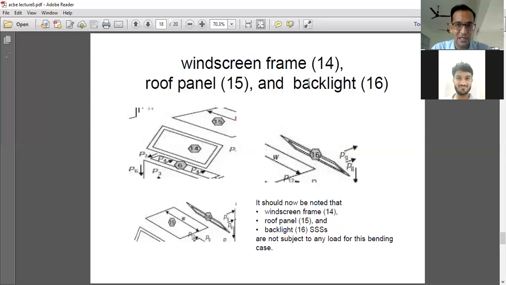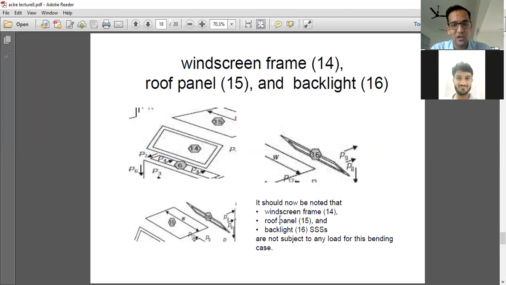Glass is a brittle material, it will fail if it has impact or any kind of twisting loads. So in lakhs of vehicles running on the road, their glass is not getting broken. The windscreen frame is stable in such a way that the glass assembled on it never breaks.